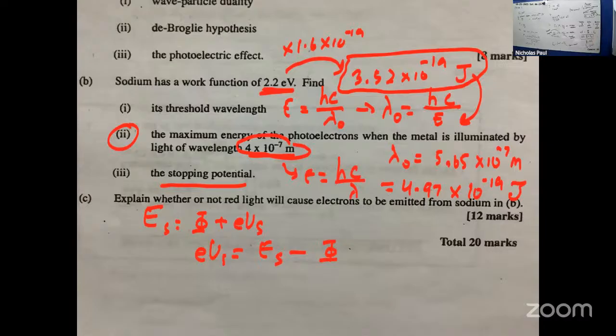So 4.97 by 10 to the minus 19 minus 3.52 by 10 to the minus 19 all over E. Tell me what you got, please.